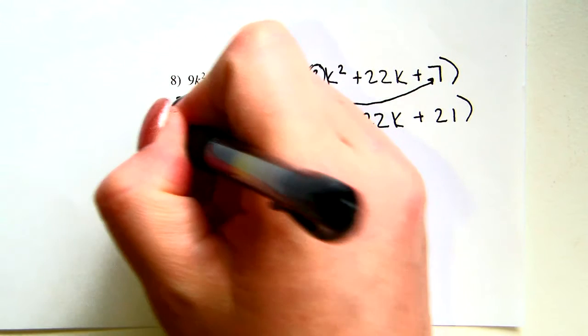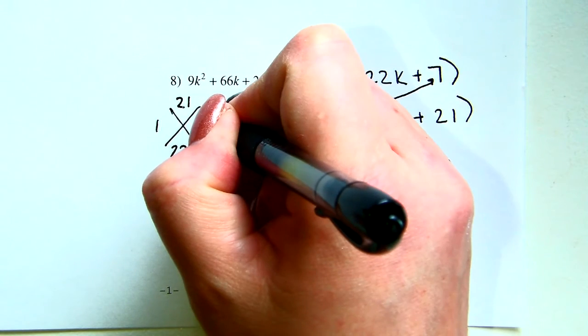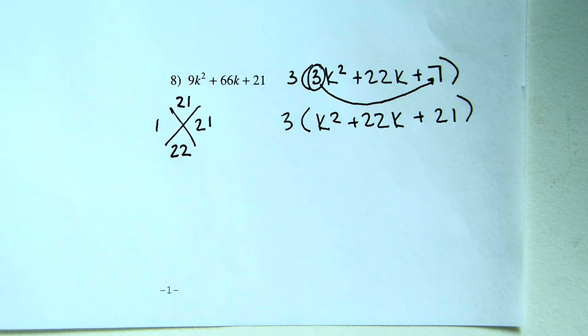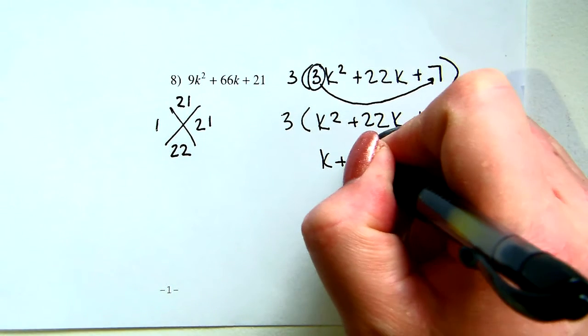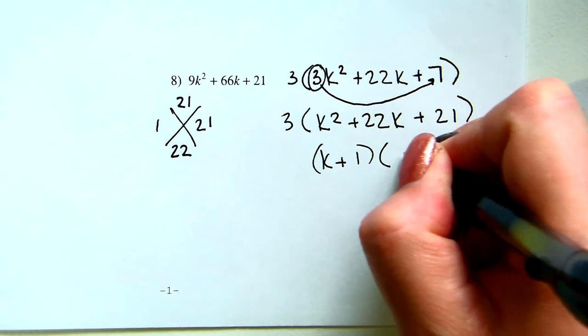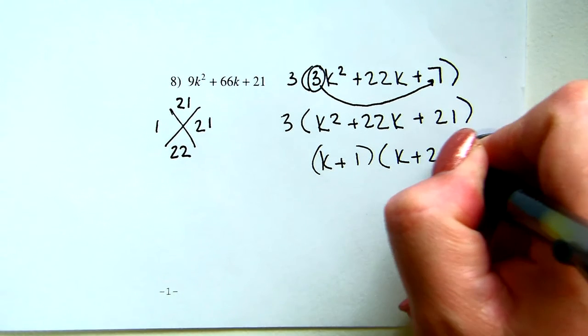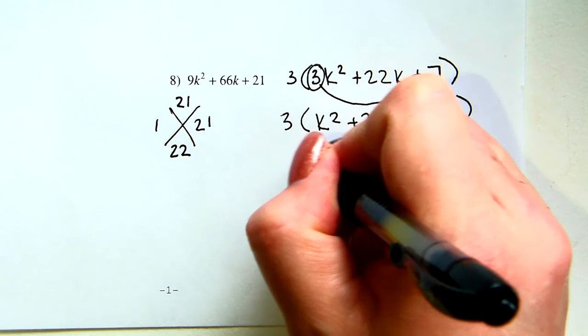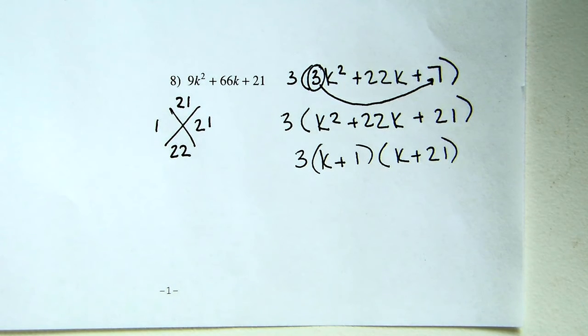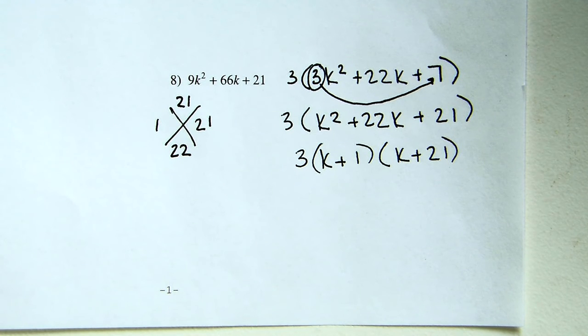It's 1 and 21. So in my parentheses, I'm going to go k plus 1 and k plus 21. Now one thing I need to remember is to always bring that 3 that we initially took out down. It always has to follow.